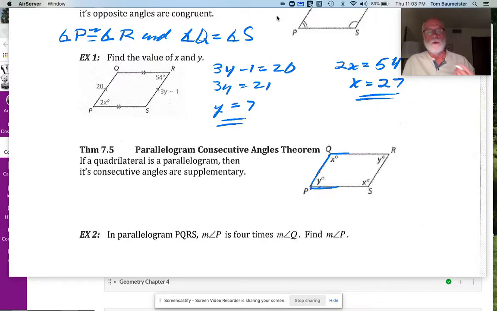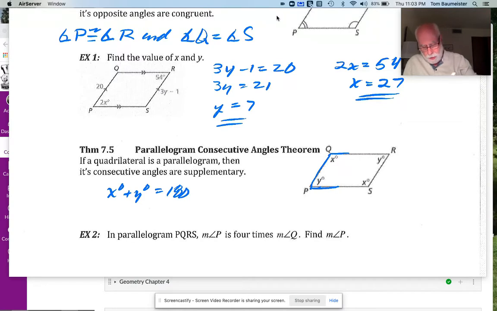We talked about that in chapter 3, I think. If lines were parallel, then their co-interior angles are supplementary. Same kind of thing here. So it's just telling us that x degrees plus y degrees is equal to 180.